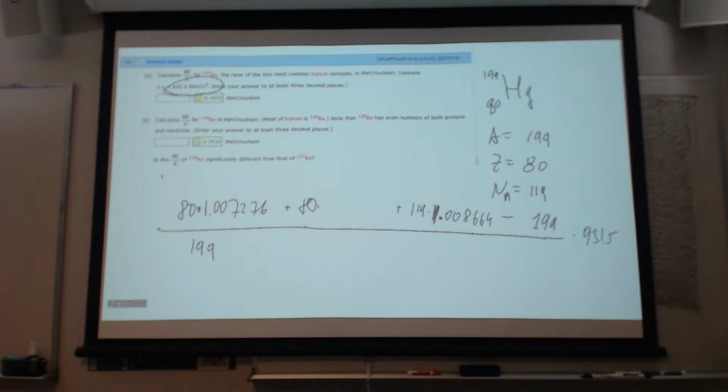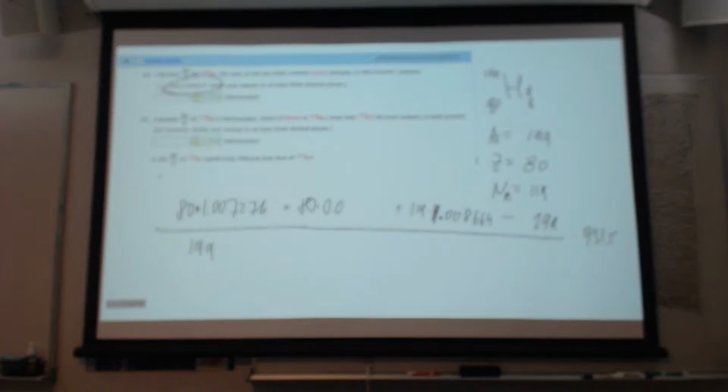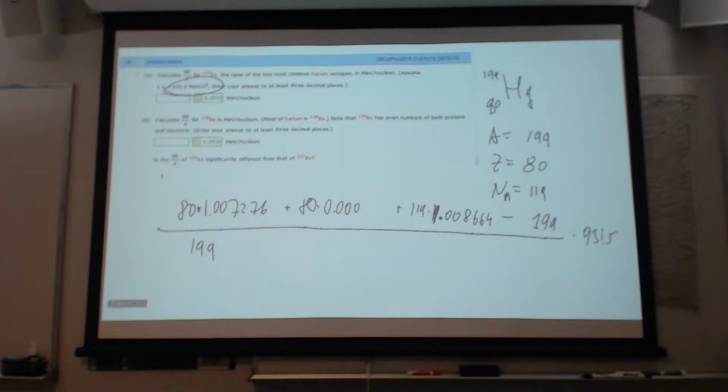And for the electrons, we have 0.00054858. Okay, my setup was the same, so I'm assuming it's just because of the masses that my answers are slightly different than the web assigned answers. Could have been. Normally that's the case.